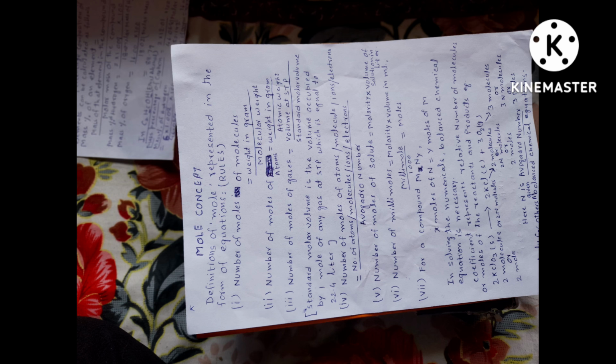Here, number of millimoles is equal to molarity into volume in milliliter. Or simply you can say millimoles divided by 1000 is equal to moles. This is also an important relation: millimoles divided by 1000 is equal to moles.